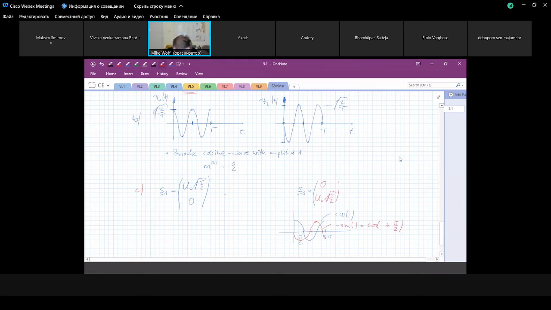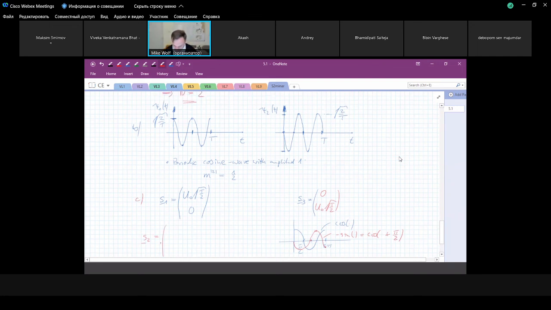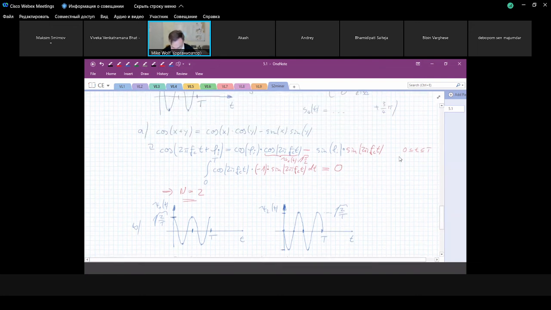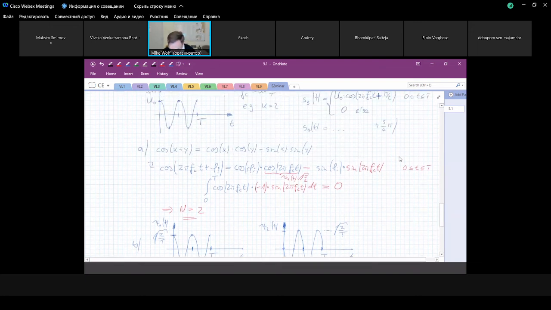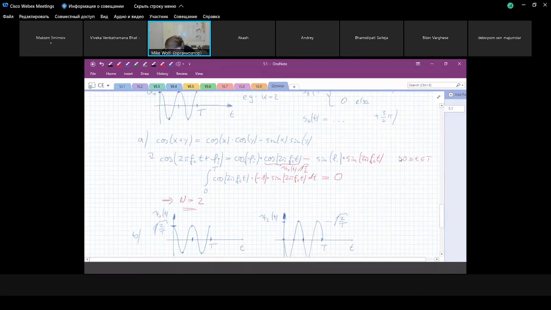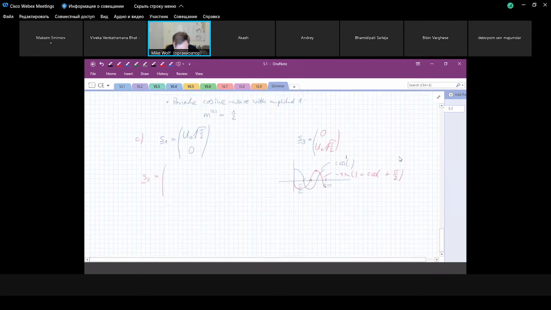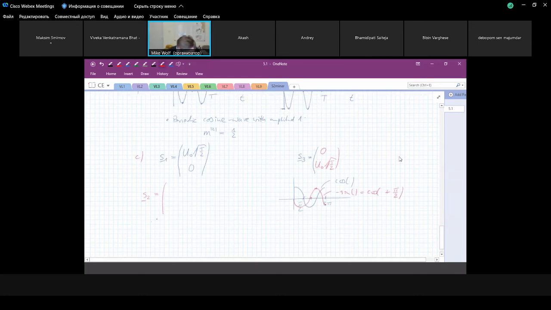And the question is, what is, for instance, S2, the signal vector S2? And this can also easily be obtained because here we have the addition theorem required. And we basically only need to calculate this cosine of phi e and this sine of phi e. Now let's say for S2, the phi 2 is just pi by 4, right?